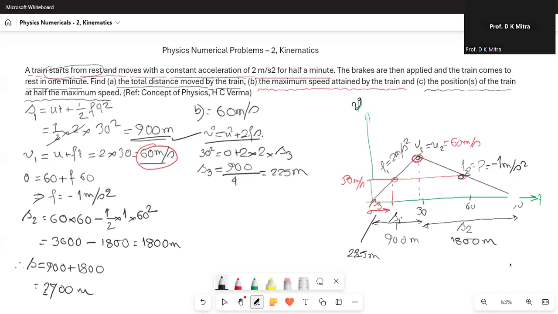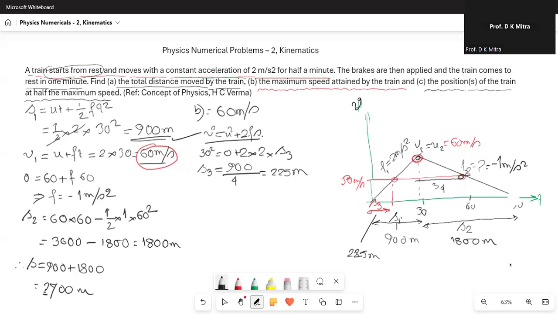There is another point here. You can find this distance by using the same formula, where the starting velocity U is 60 meters per second, the final velocity is 30 meters per second, and F is given as -1. This much distance here is S4.